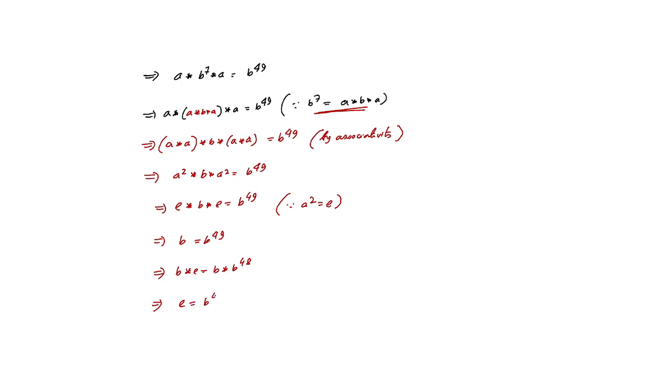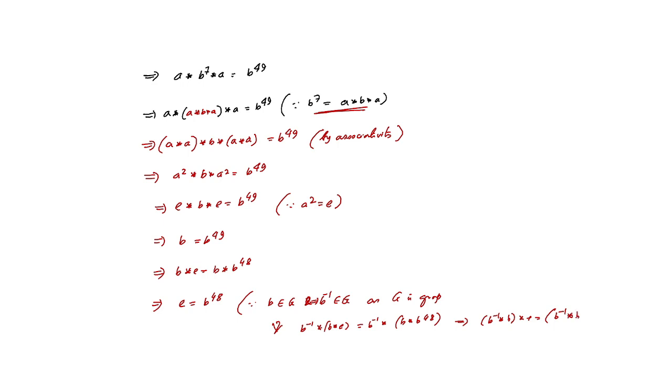Since B belongs to G and G is a group, B inverse belongs to G. In that case we can write B inverse star B star E equals B inverse star B star B to the power 48 by associativity.